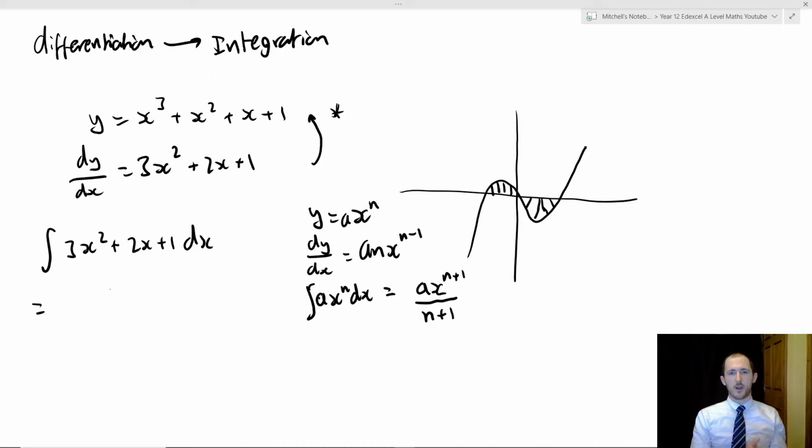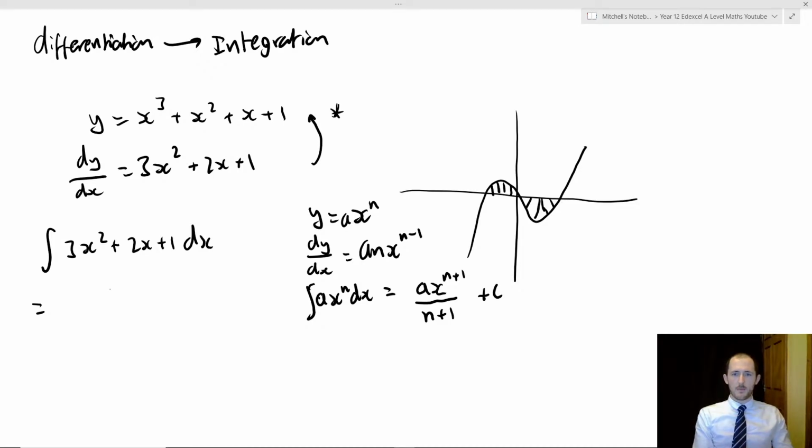Can you see how that's the opposite? Instead of bringing the power forward first, we bring it forward afterwards, and instead of multiplying by the power, we divide, and we add 1 to the power instead of take 1 away. And then at the end, we also have a plus c. I'll show you why we have a plus c in a second.